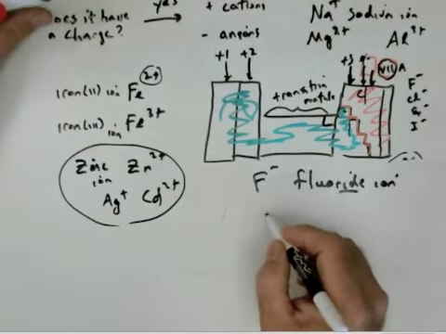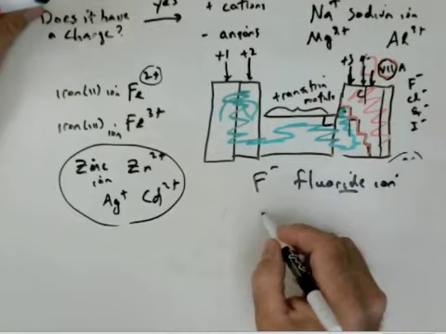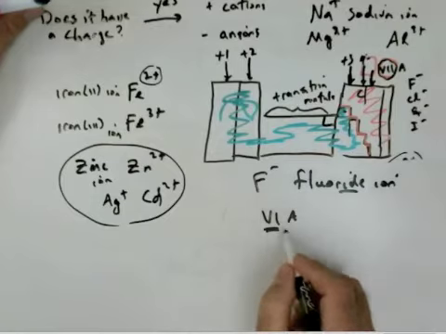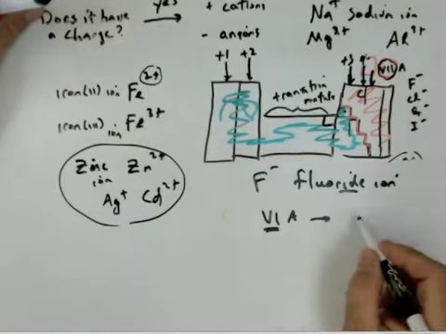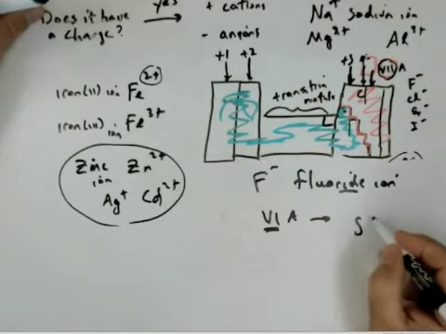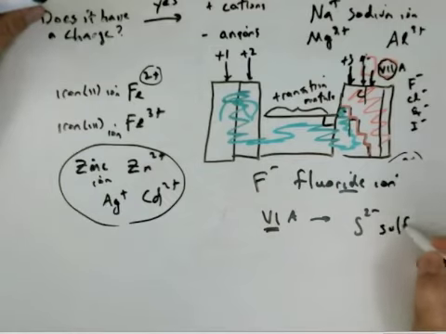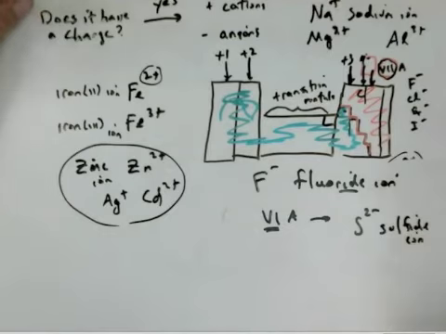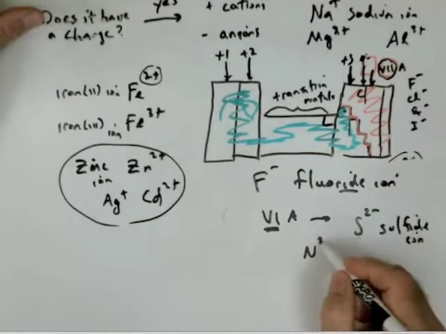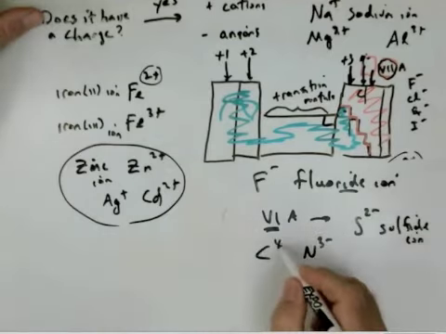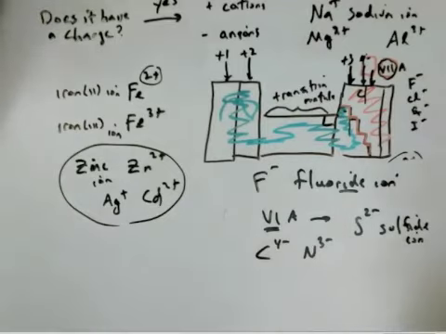For example, sulfur is in column 6A. So 6A means it has 6 valence electrons. 2 more would give it a full octet. So sulfur is going to make a negative 2 ion. And once again, since it's only sulfur, it's called sulfide ion. Nitride would be -3. Carbide would be -4. And so you can tell the charge of the negative ions by what column they're in.